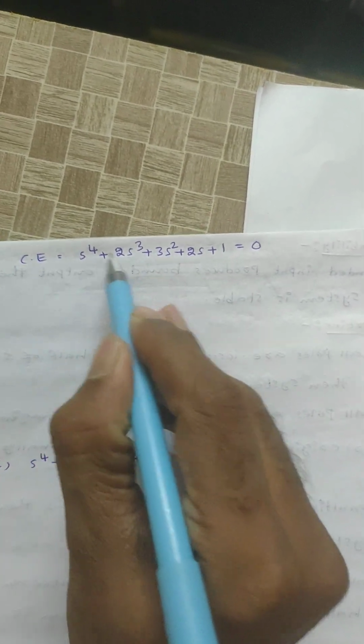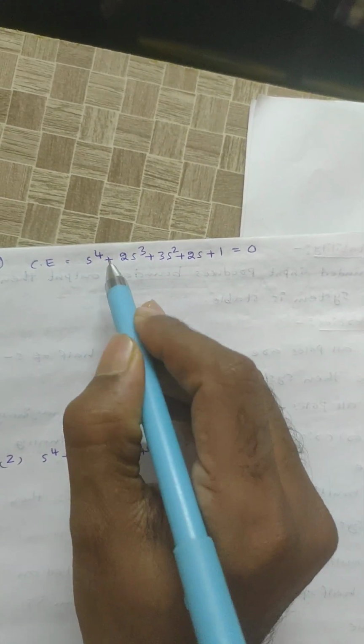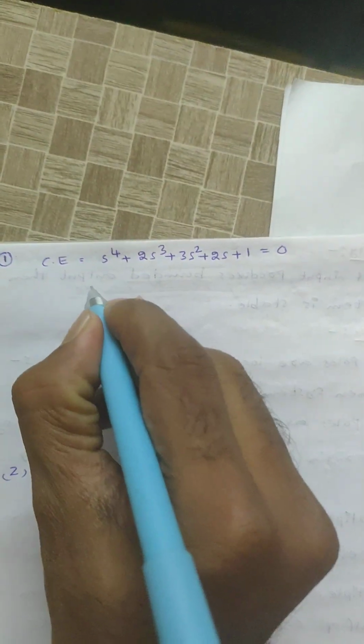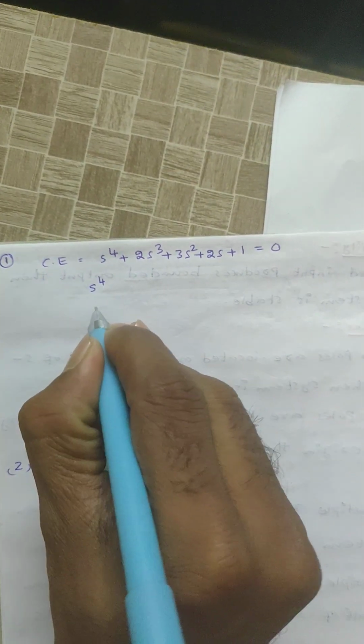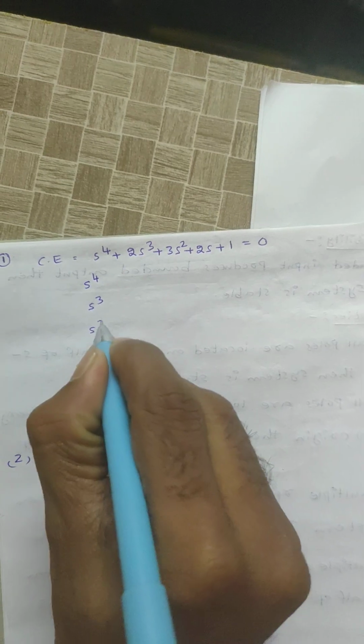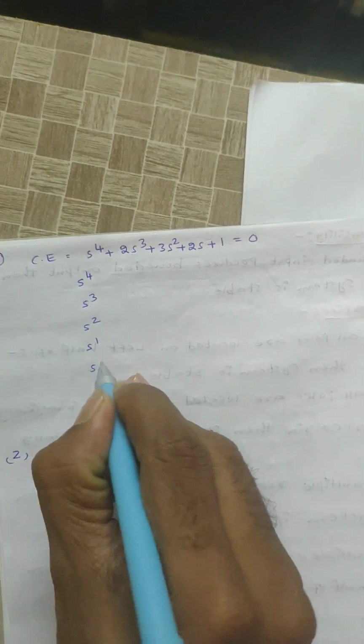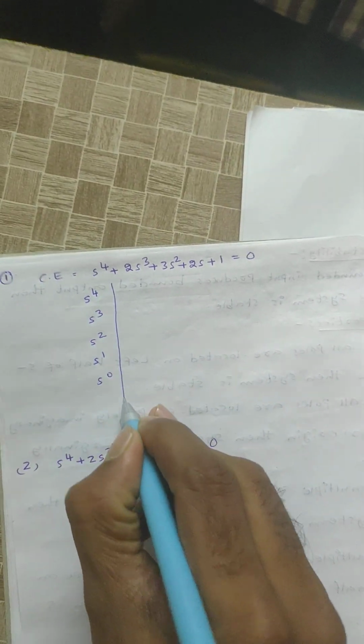See here, first problem. What is given? Directly the characteristic equation is given, that is 1 plus g of s into h of s. For this type of problem, first you have to write s power 4, s cube, s square, s power 1, s power 0. In this way you have to write first.